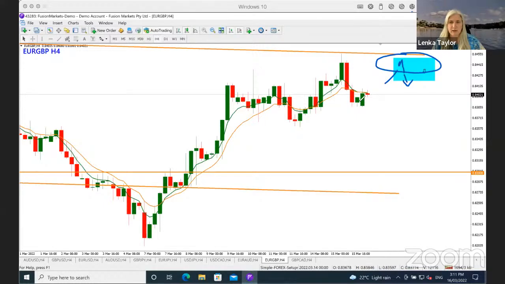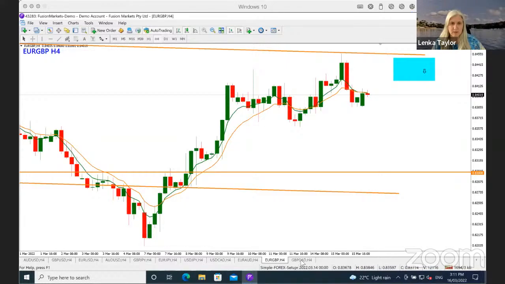We will see. Otherwise, if there is a break down below these points here, then maybe looking for the pullback and then looking for short from there. So a couple of options here. Let's see what the price action does in the next couple of bars.